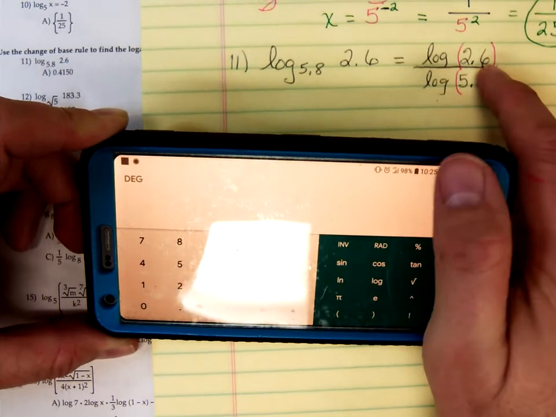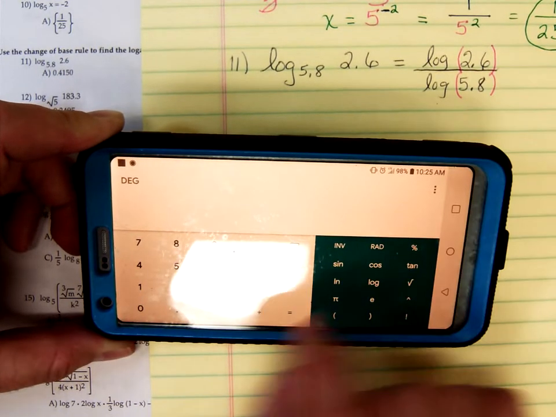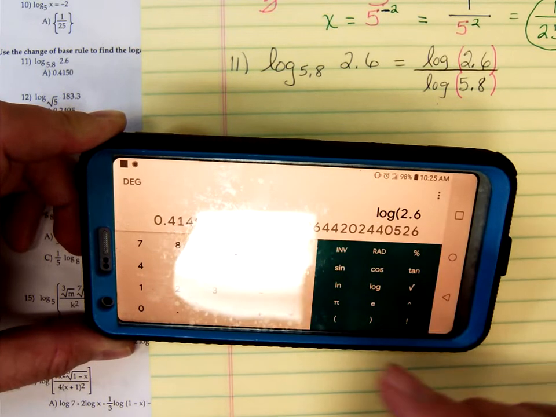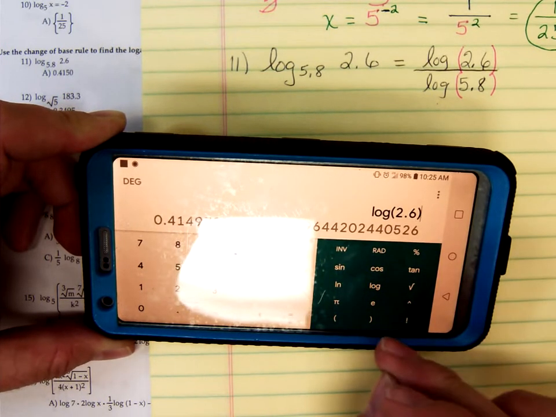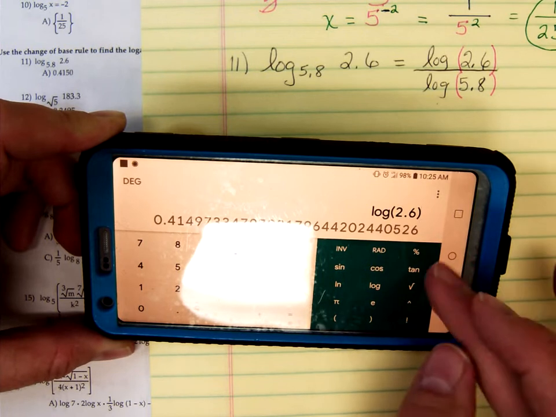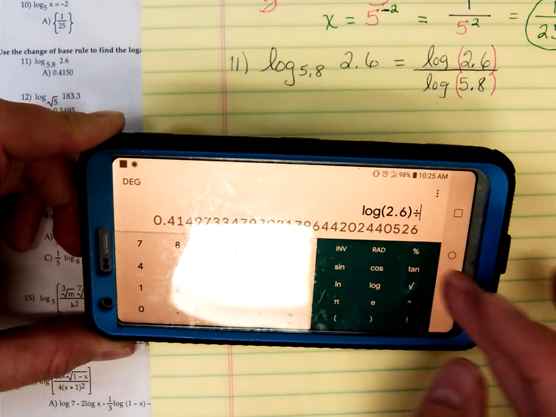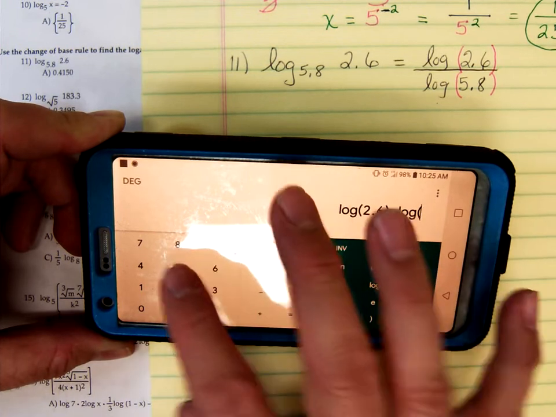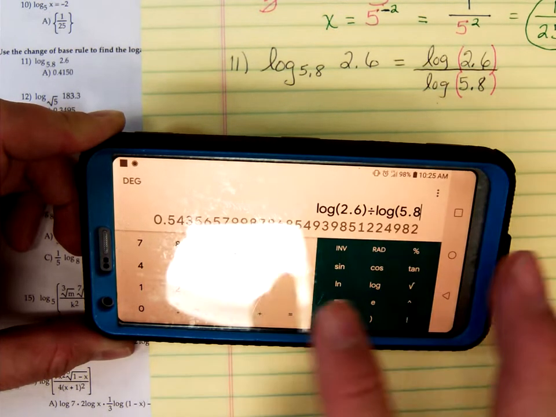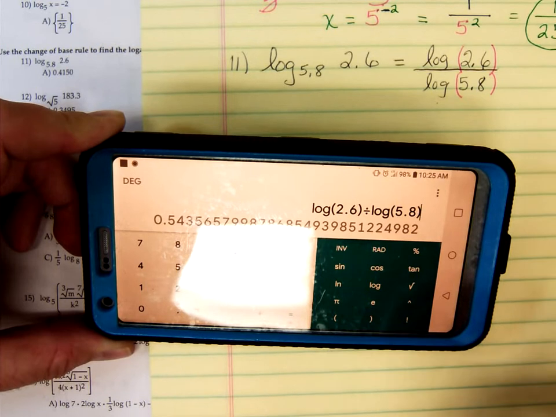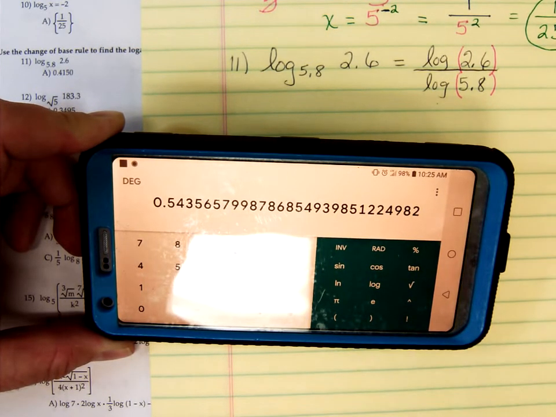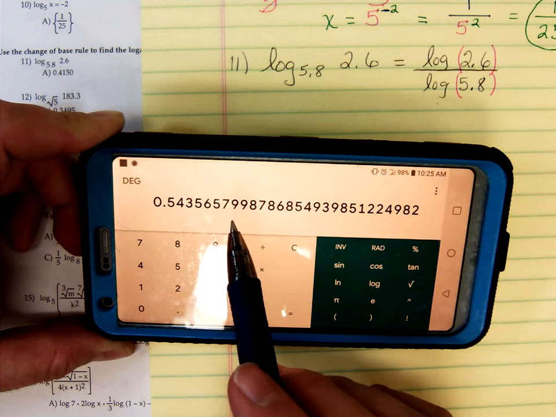I'm punching in log 2.6. I think I was looking at the next problem when I put up that square root of 5. Divided by log 5.8, close parentheses, equals 0.5435.